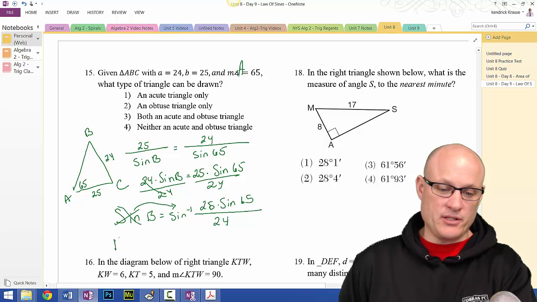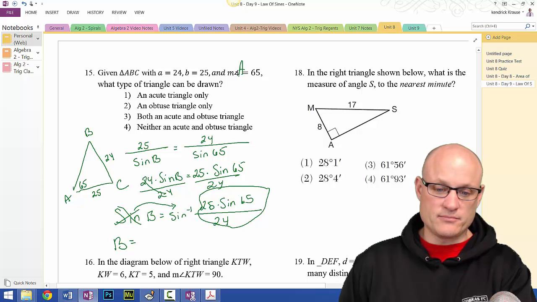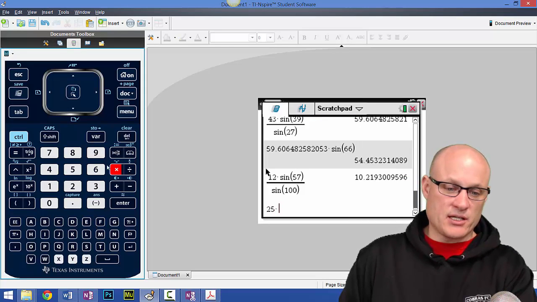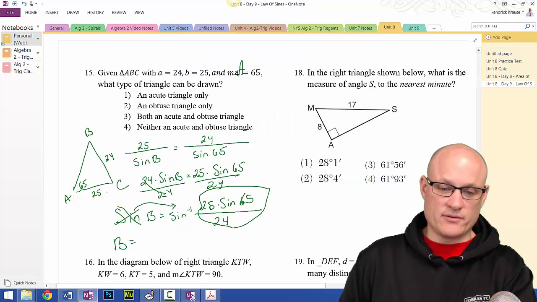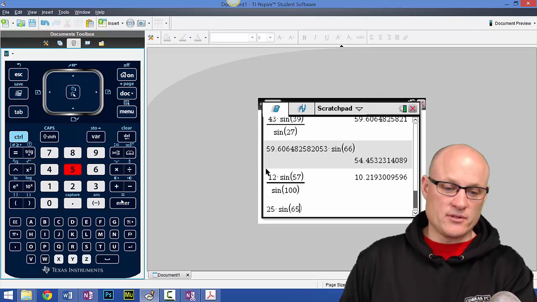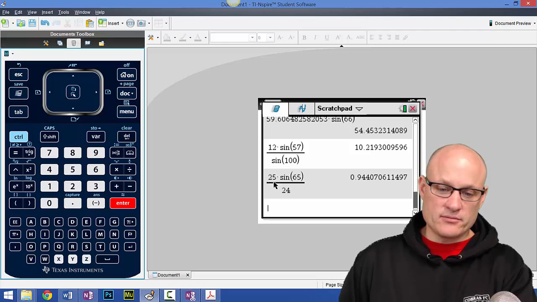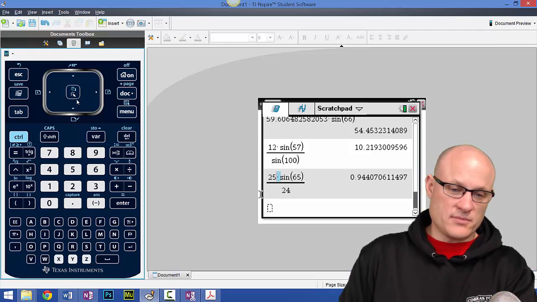And I get B equals, now I'm going to have to do the inverse sine of this. So that's 25 times the sine of 65 divided by 24. Make sure it looks like this when I'm done. Oh yeah, there it is. It looks just like what I have written there. Oh wait, hold on. I forgot something. I needed to do the inverse sine of this.